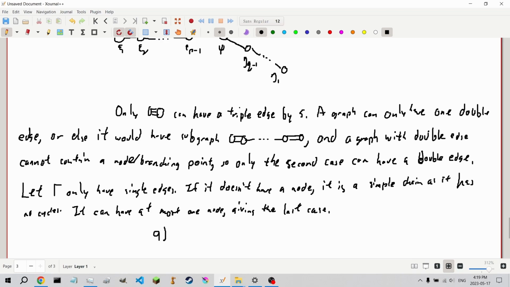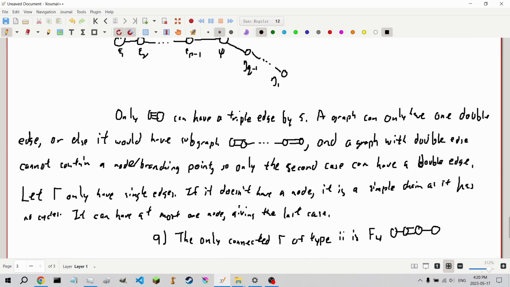Number 9. The only connected graph of type 2 with a double edge is the Coxeter graph F4, which, as we recall, is this one.